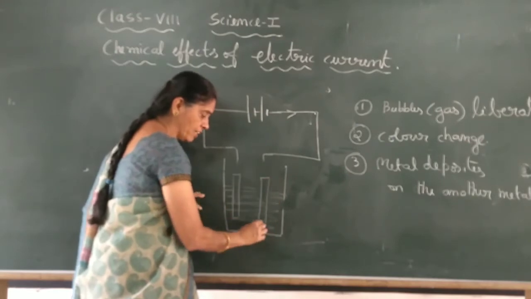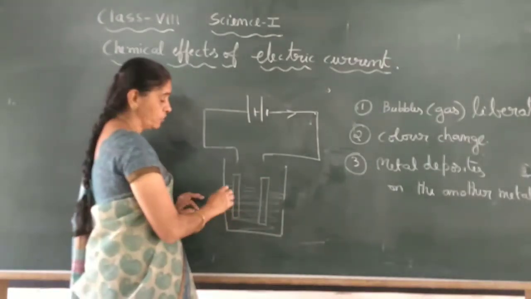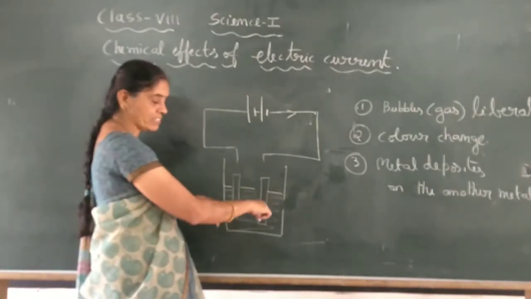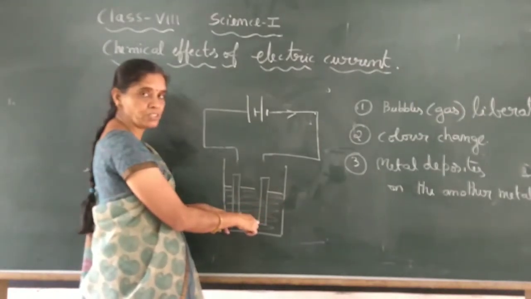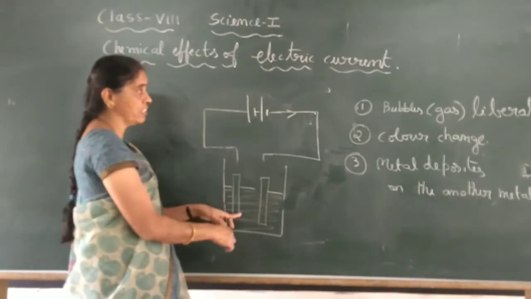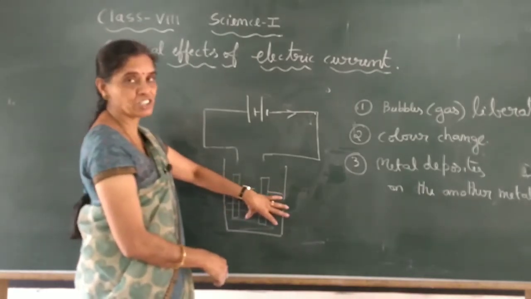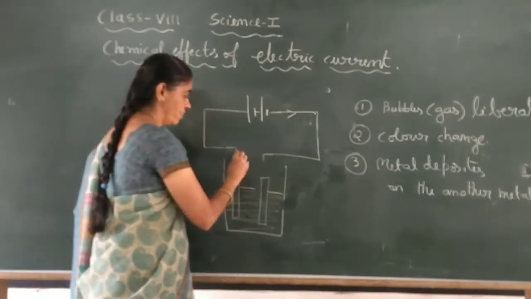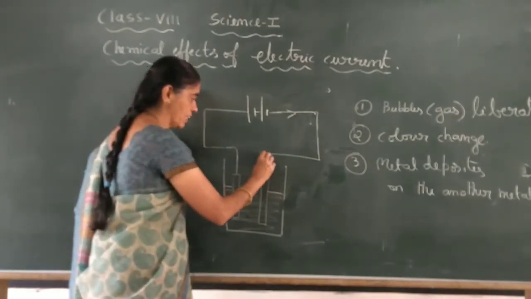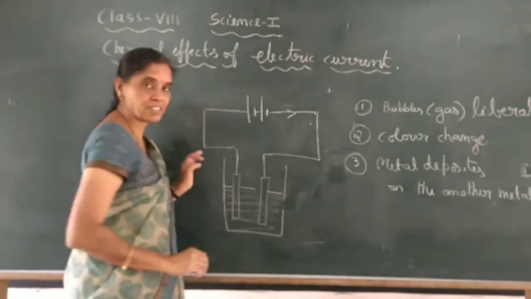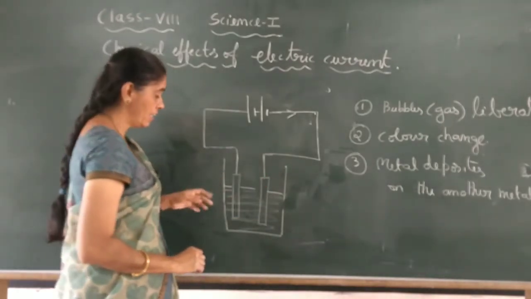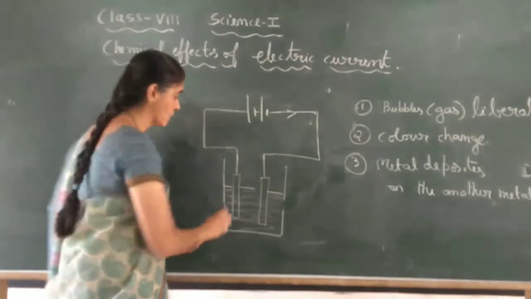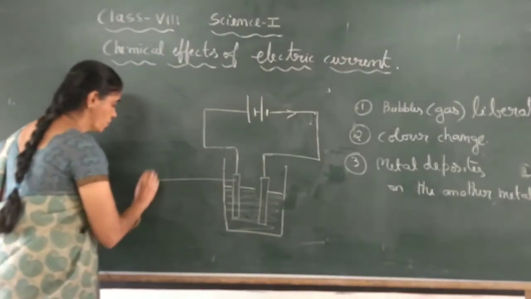You have to immerse them, not completely, partially, in this solution or the liquid where you have to see whether it will conduct electricity or not. And the free ends of the wire should be connected to the two metals here. Okay, and these are now called electrodes. These two metal plates are called electrodes.